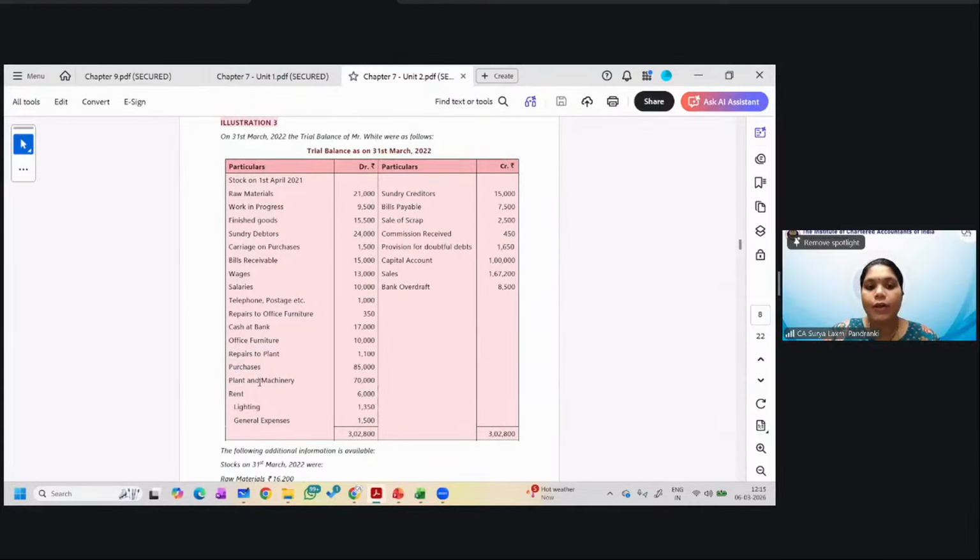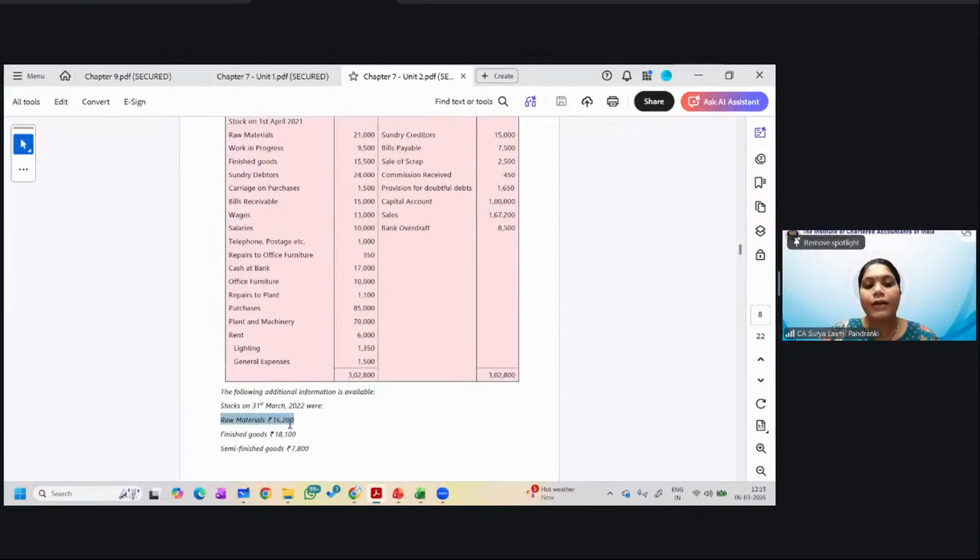You have purchases, plant and machinery, rent, lighting, and general expenses on the debit side. And on the credit side, you have creditors, bills payable, sale of scrap, commission, provision for doubtful debts, capital account, sales, and overdraft. Almost all items are similar, but a few will not go to the trading account, they will go to the manufacturing account. That is the difference you will have to know.